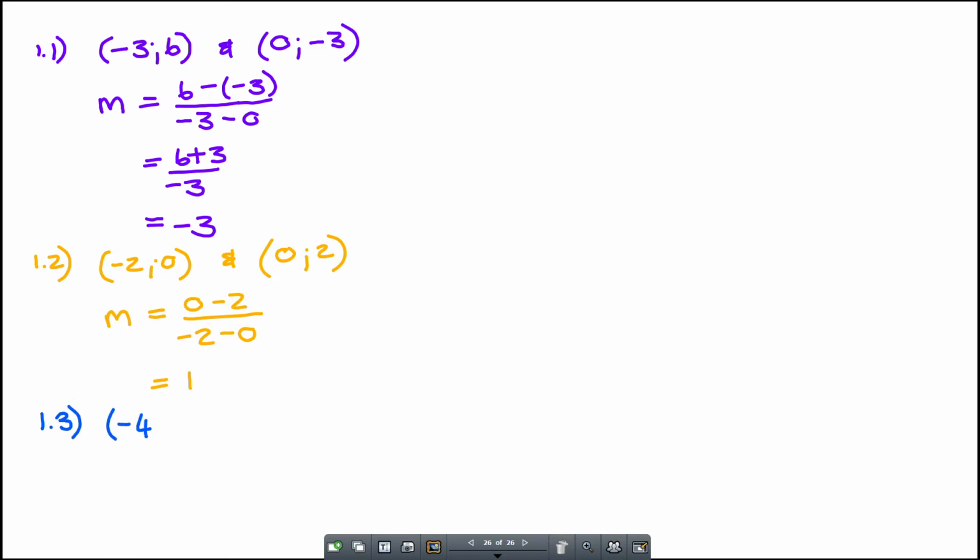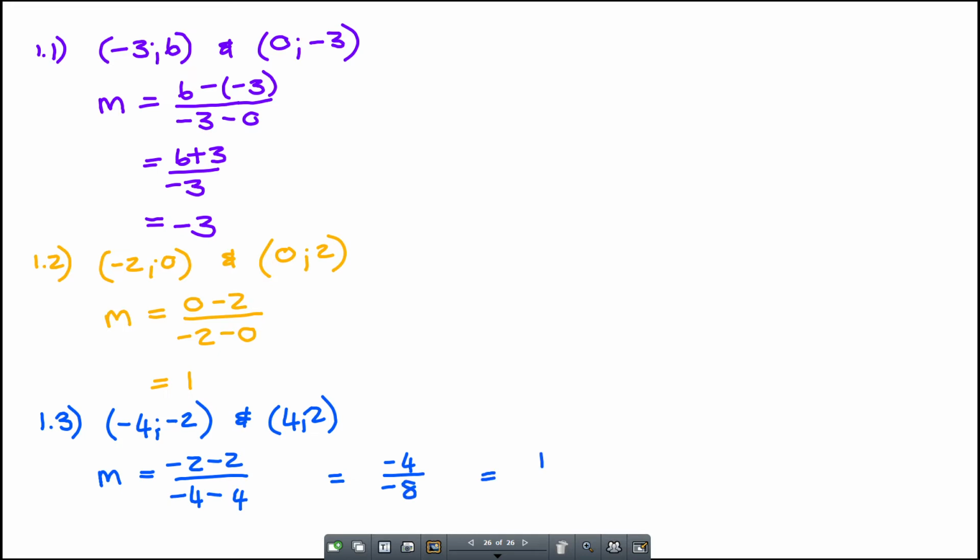They gave me these 2 coordinates nicely. 4 and 2. So gradient will then be -2, -2, and -4, -4. So that gives me -4 over -8. In other words, positive a half.